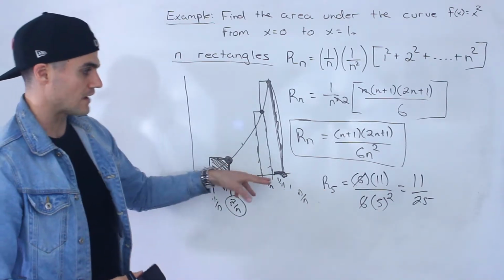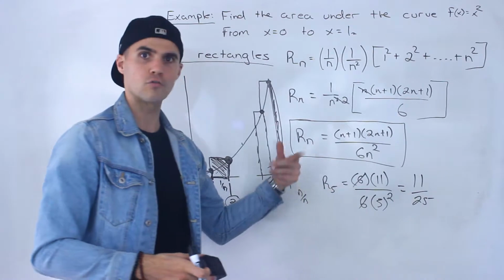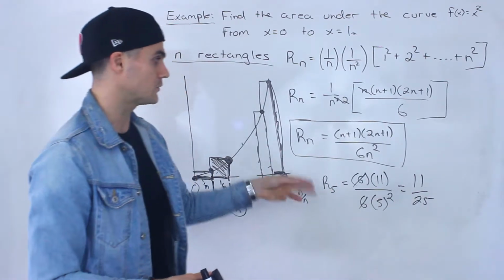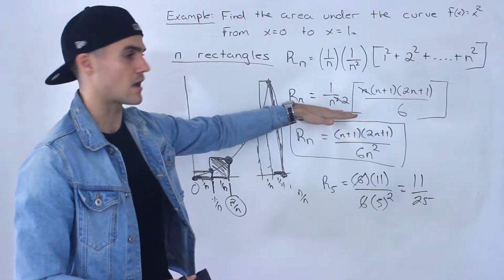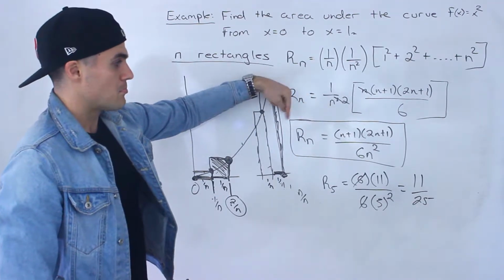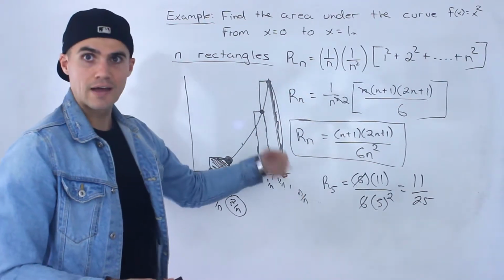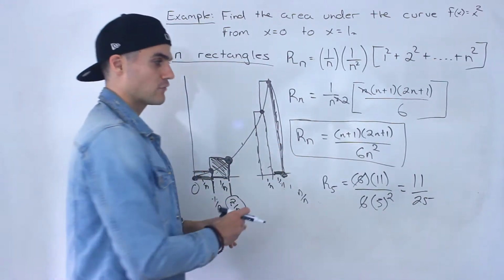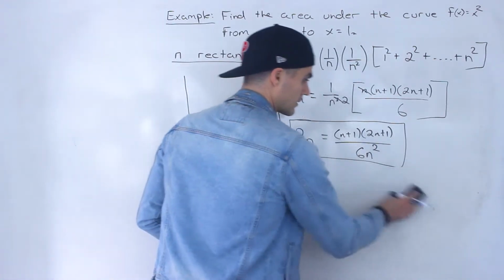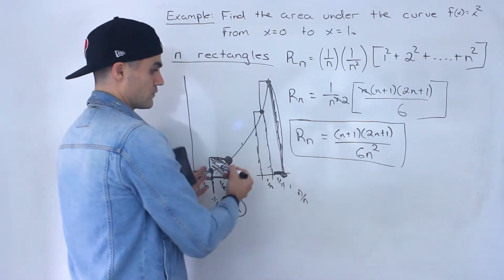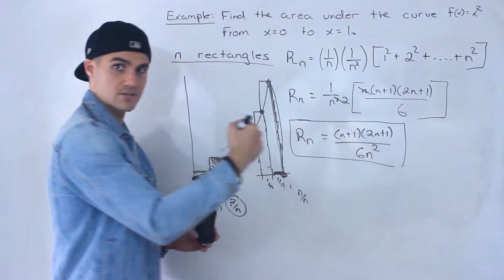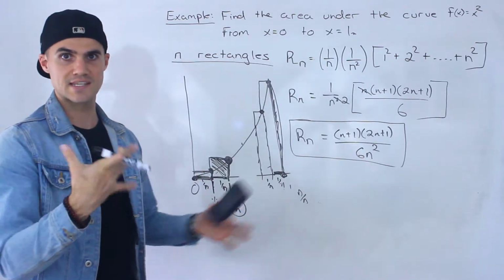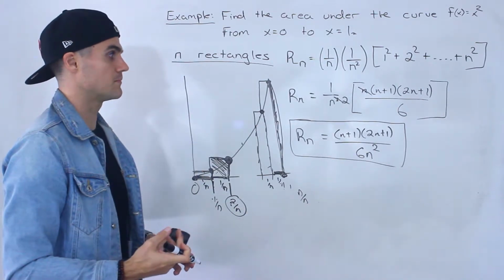So it's nice. We don't have to go through and find R4 manually and R5 manually. We just have to find this general expression, which does take a lot of work itself. But now we can just get those values quickly. And then we could get whatever values we want. So we can get the value if we used 100 rectangles. We could just plug in 100 for n. And remember, when you're using more rectangles, that's going to give you a better approximation.